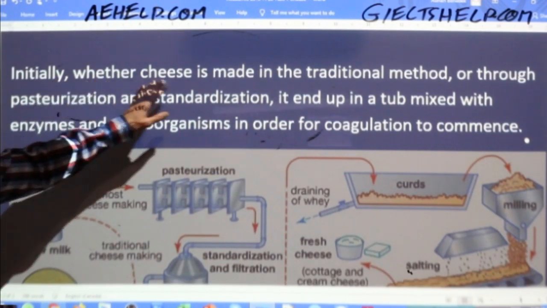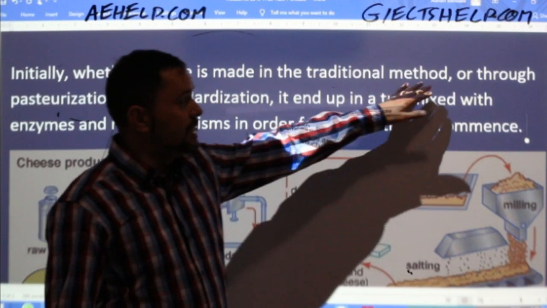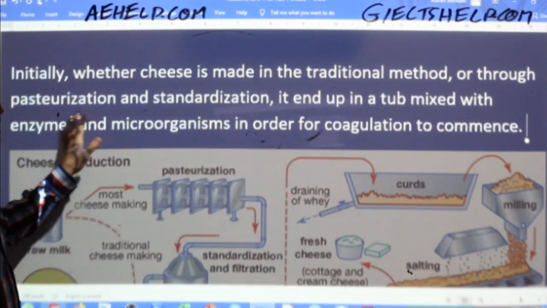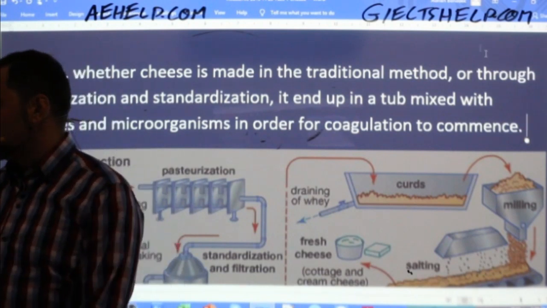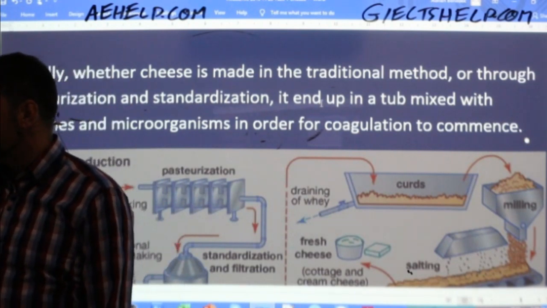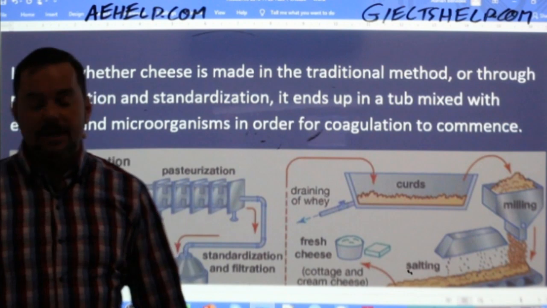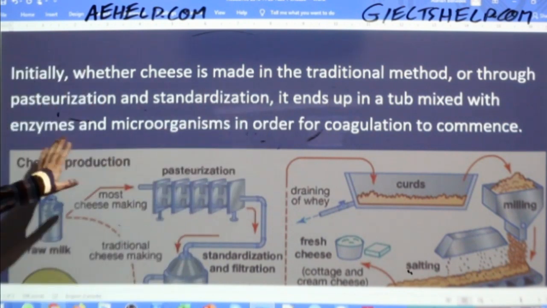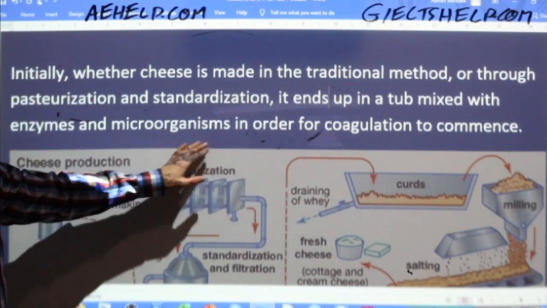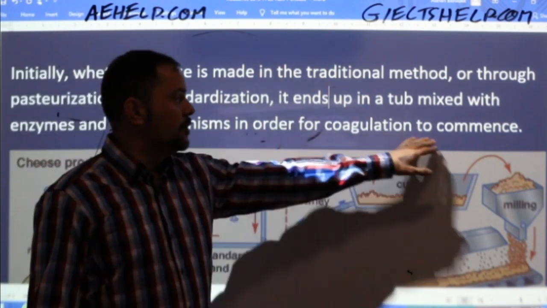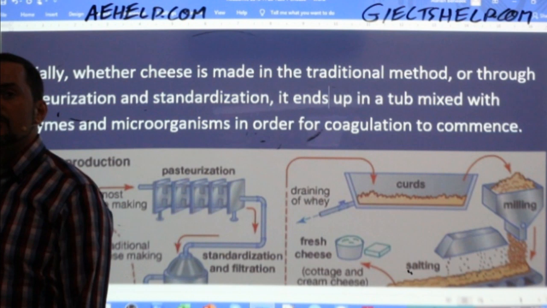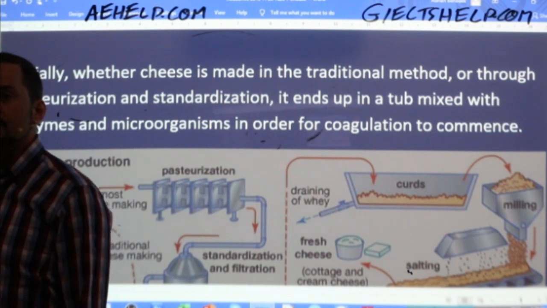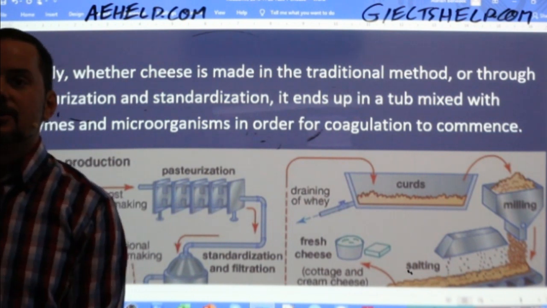Initially, whether cheese is made in the traditional method or through pasteurization and standardization, it ends, because it's singular, up in a tub mixed with enzymes and microorganisms in order for coagulation to commence. Okay, so that would be the whether or scenario as opposed to either or.